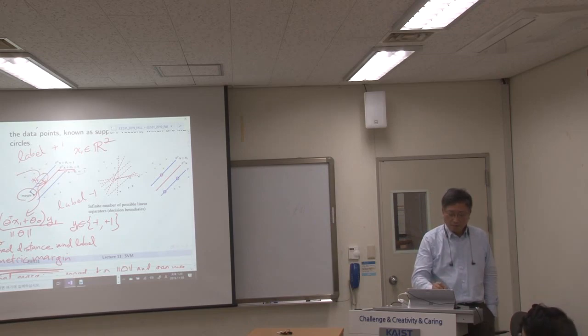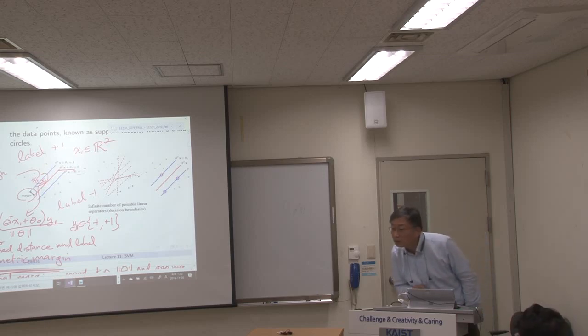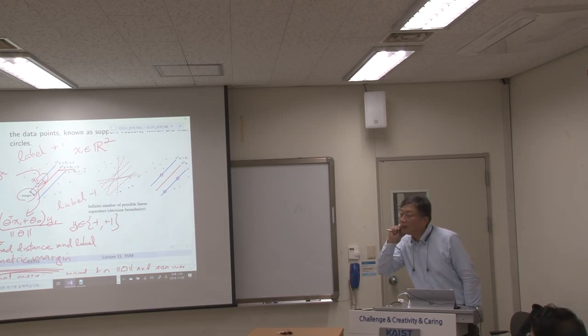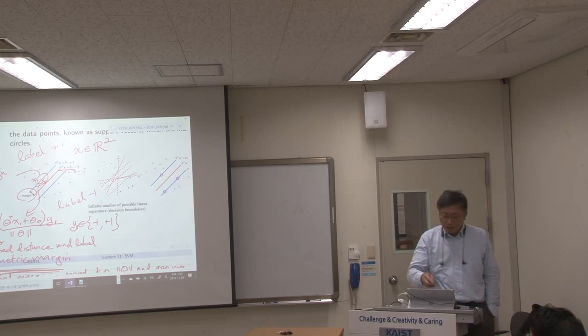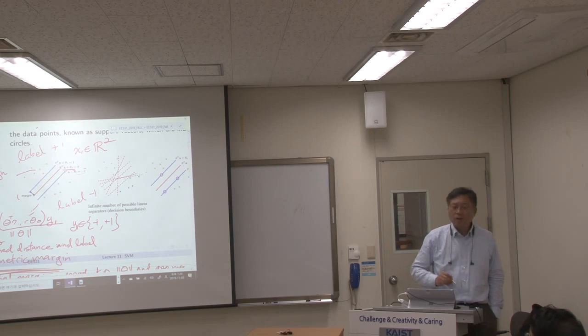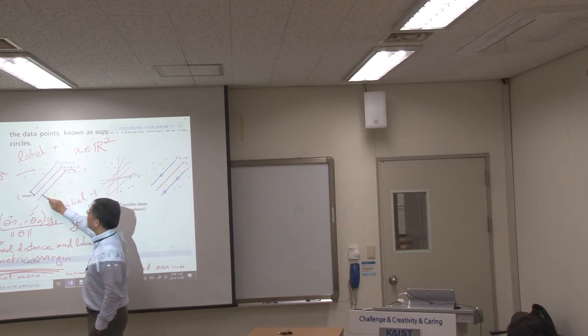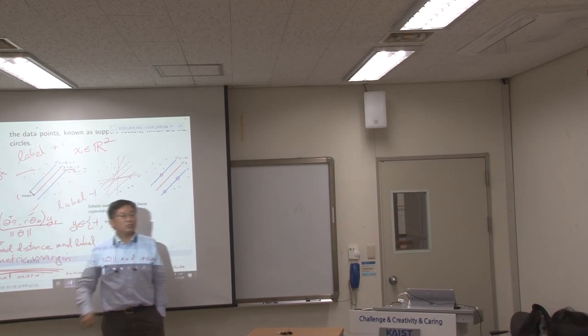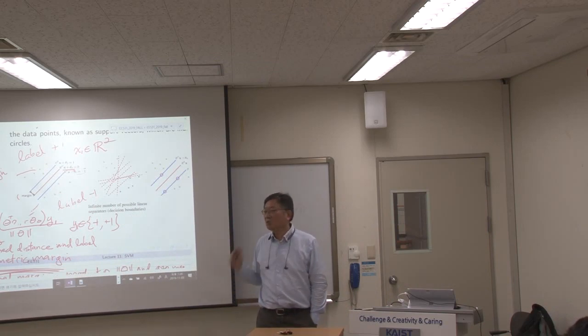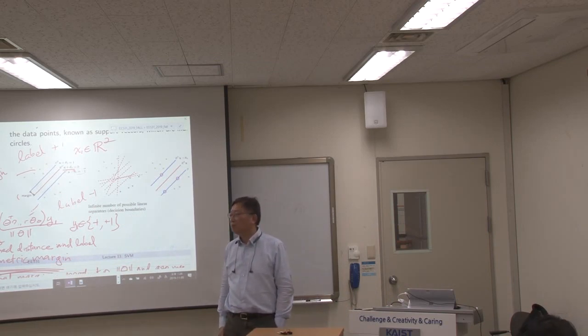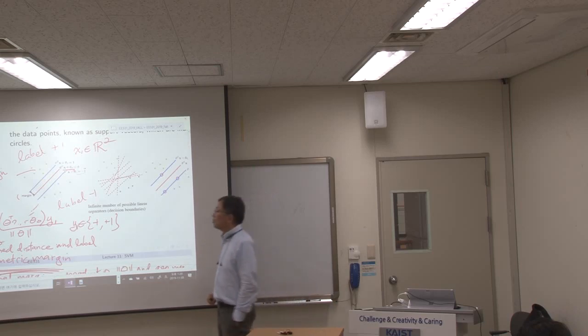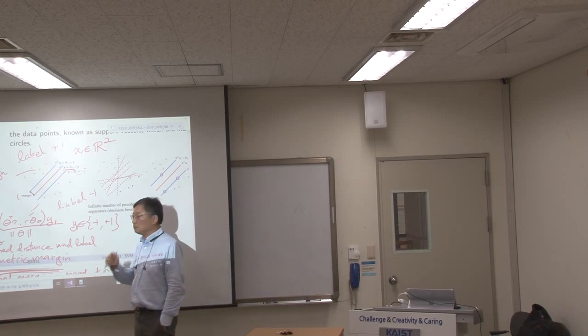Functional margin is what? No, so the yellow point, it's on the edge. What is the functional margin of that? 1. Okay? All the points that lie on the edge will have functional margin equal to 1. Let's just define it that way. Understood? Okay?